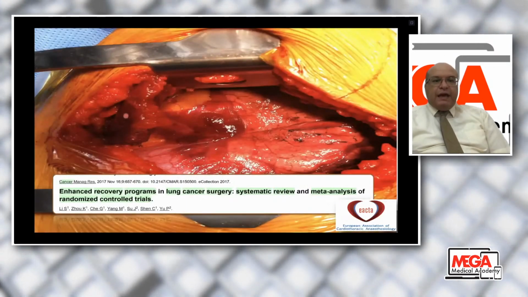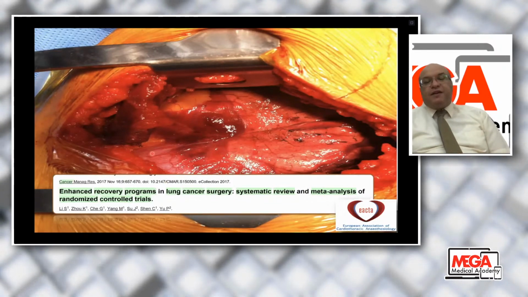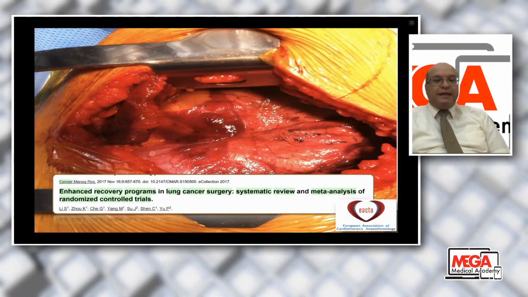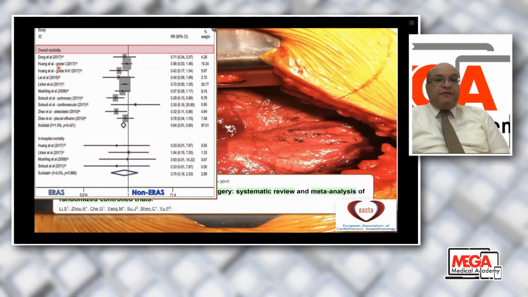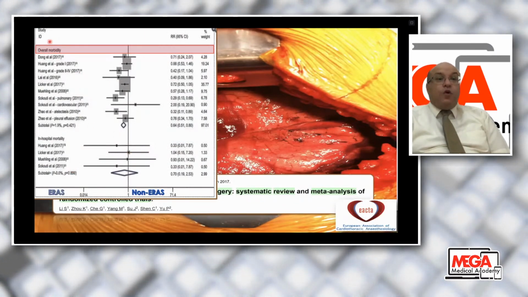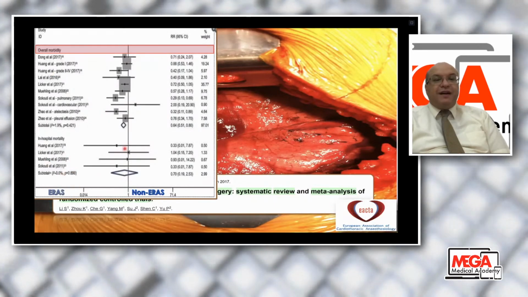And also for the same enhanced recovery protocols for lung cancer surgery, the systematic review and meta-analysis, including randomized controlled studies, found that overall mortality was lower, favoring enhanced recovery after lung surgery.